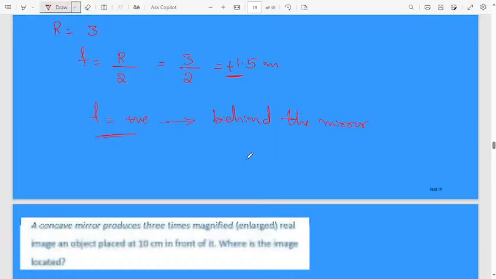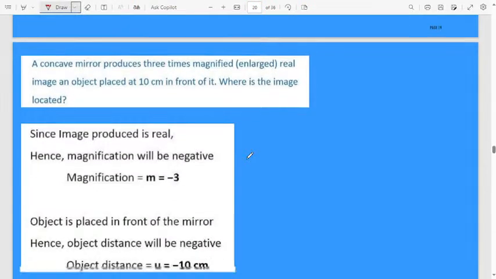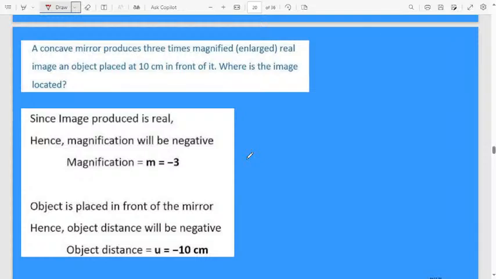And also in the last class I gave everything for concave, convex, mirror and lens, and in which case the object distance, image distance, then focal length is positive, negative, and magnification also.